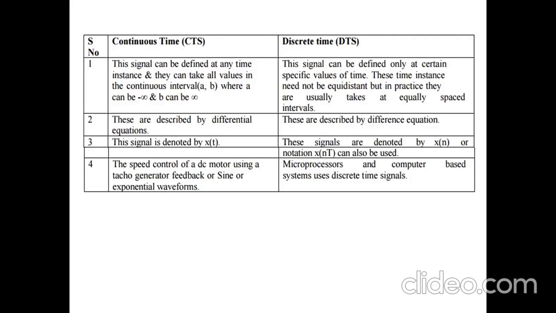These time instances need not be equidistant, but in practice they are usually taken at equally spaced intervals. So by the definition, you can understand the difference between continuous time and discrete time signals.